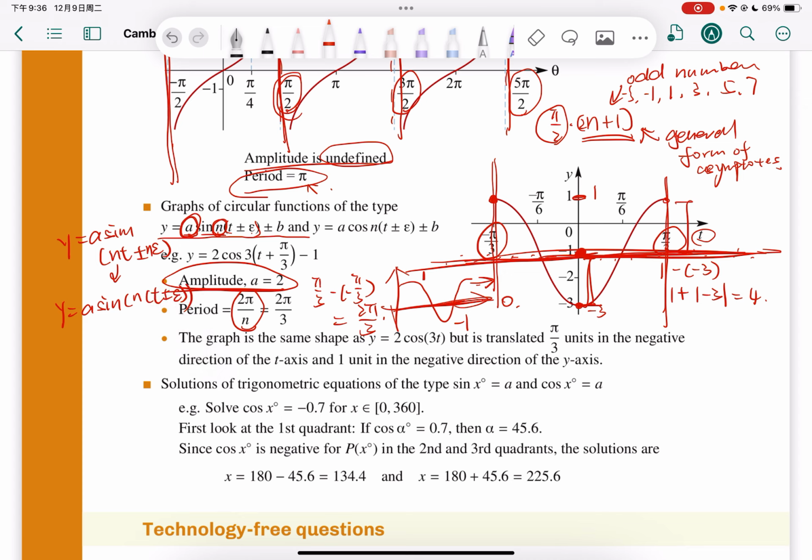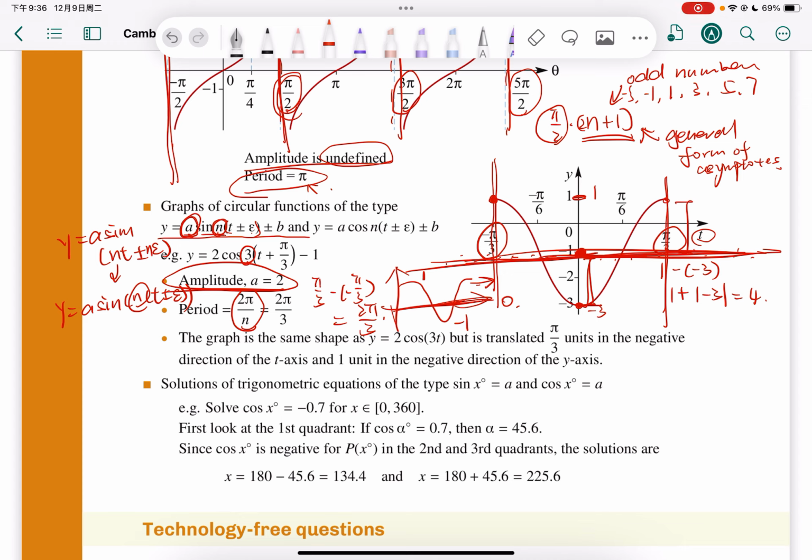So n is a constant in front of the t. And here we have 3, so we divide by 3. So it's 2 pi divided by 3, which is the period.